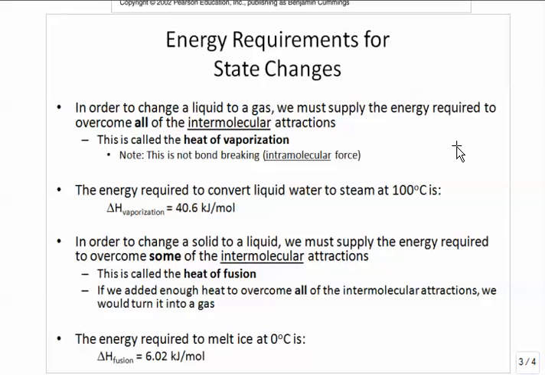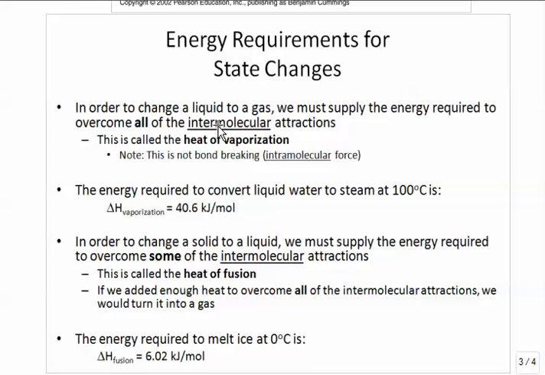Both of these phase transitions are endothermic processes, that is, they require energy, because we need to break the intermolecular attractive forces holding the water molecules together as a liquid. When we vaporize them to a gas, the gas molecules are now moving around quite freely from one another.